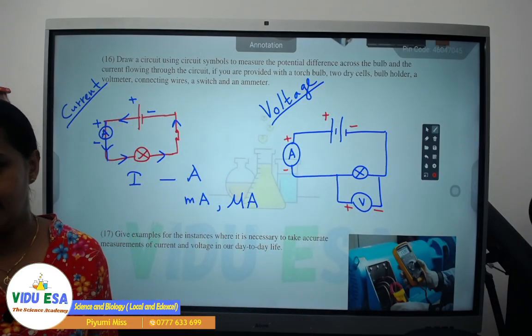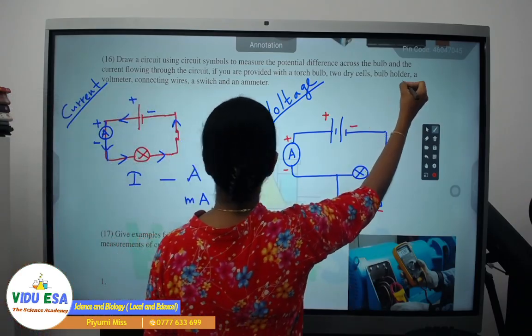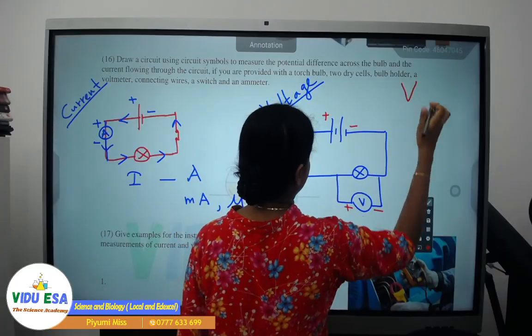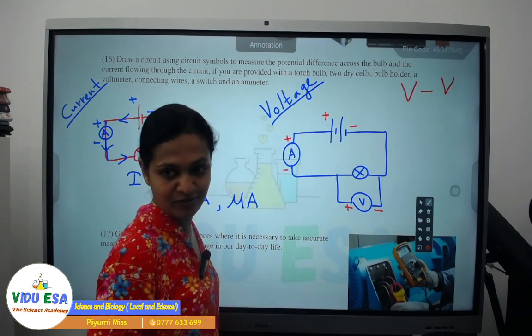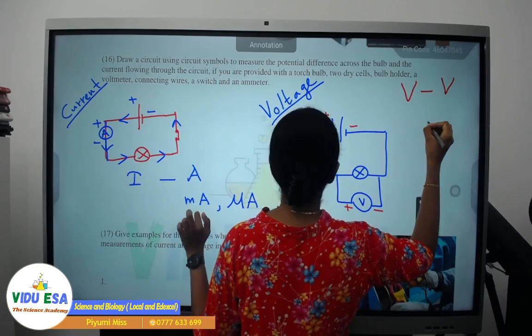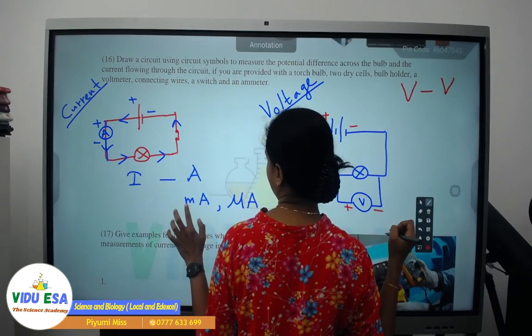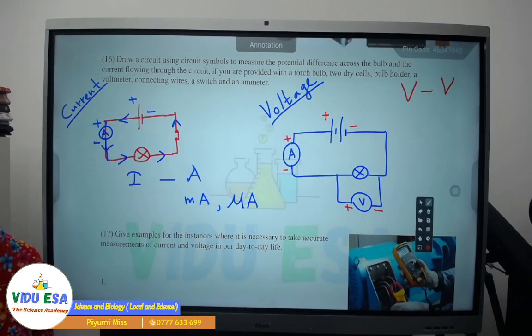That is the way you have to connect. So voltage is symbolized as capital V, and the unit is also symbolized by capital V, volts, right? Then we use the voltmeter to measure the voltage. The unit is volt. හරිනේ ඔක්කොම V එතන.